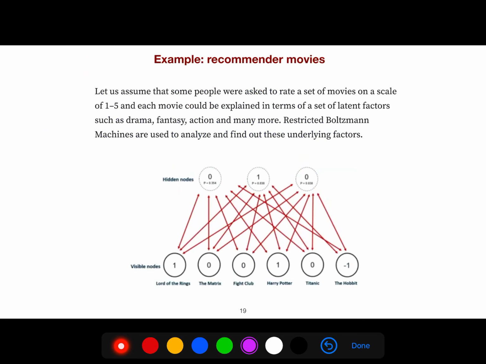Two examples for the application of the restricted Boltzmann machine are, for example, this movie recommender. For example, the Matrix movie, I like it very much. And this is the only movie I like among Harry Potter and Fight Club. Fight Club is also interesting because I like psychology.